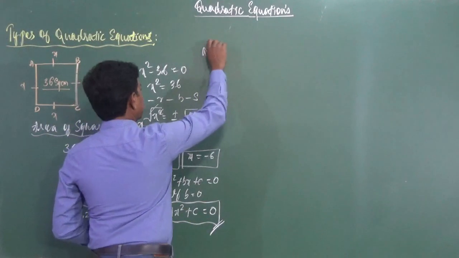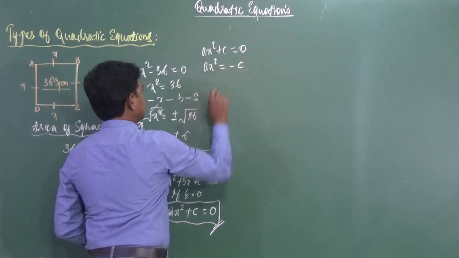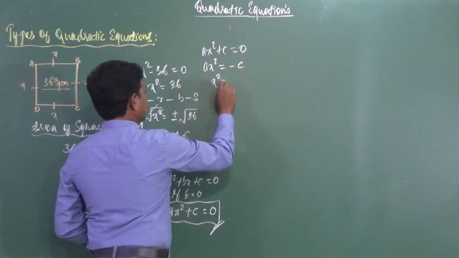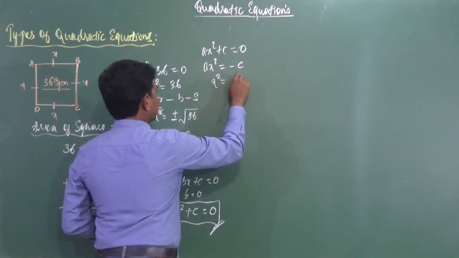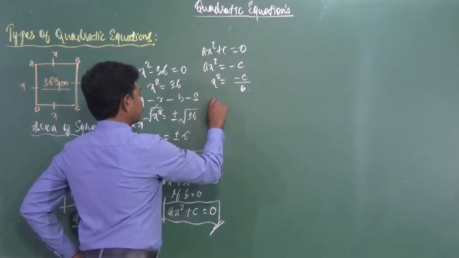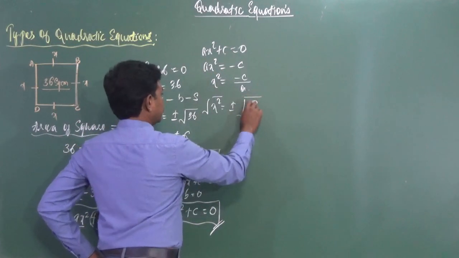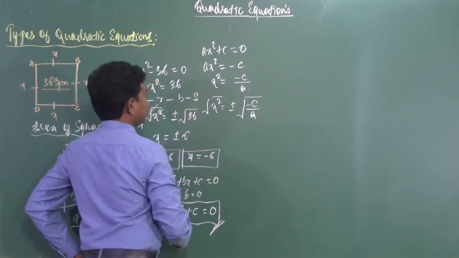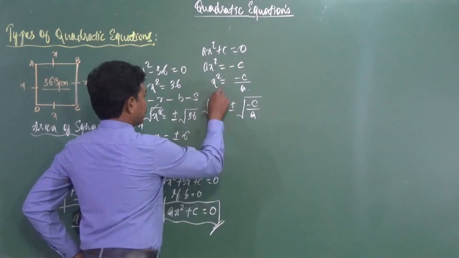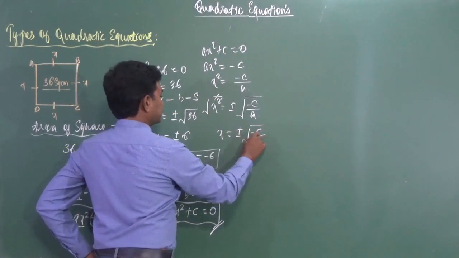So ax square plus c is equal to 0. Ax square is equal to minus c. X square is equal to minus c by a. So here, taking the square root, x square root is equal to plus or minus square root of minus c by a. So square and root cancel. So x is equal to plus or minus square root of minus c by a.